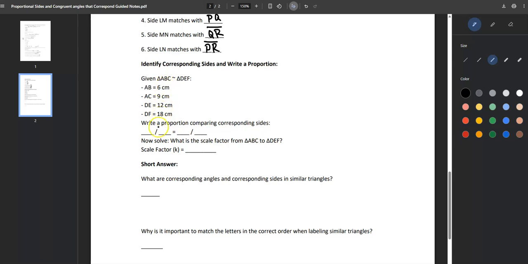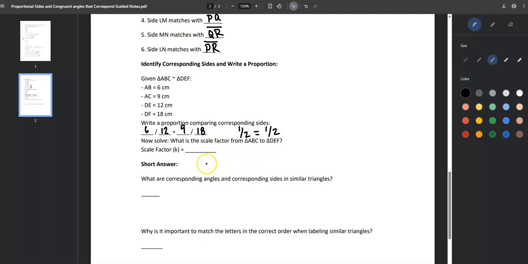So if I actually put numbers here, AB divided by DE, that would be 6 divided by 12, should be equal to AC over DF, so that would be 9 over 18. If you simplify those both, this would just be 1/2 is equal to 1/2.